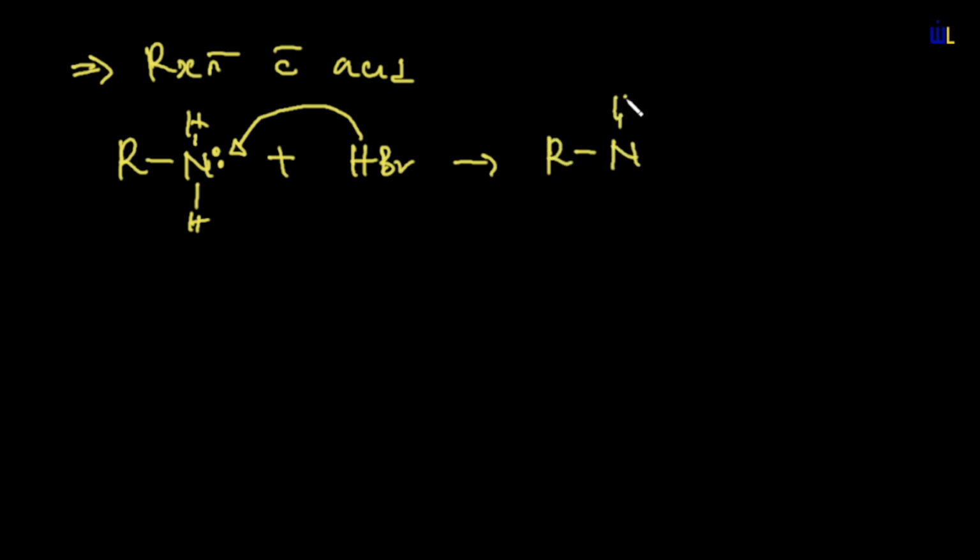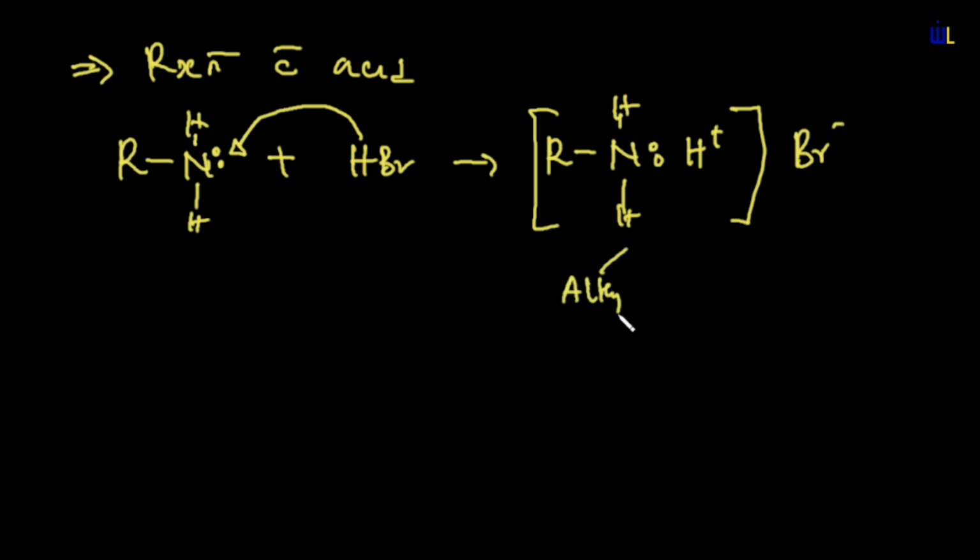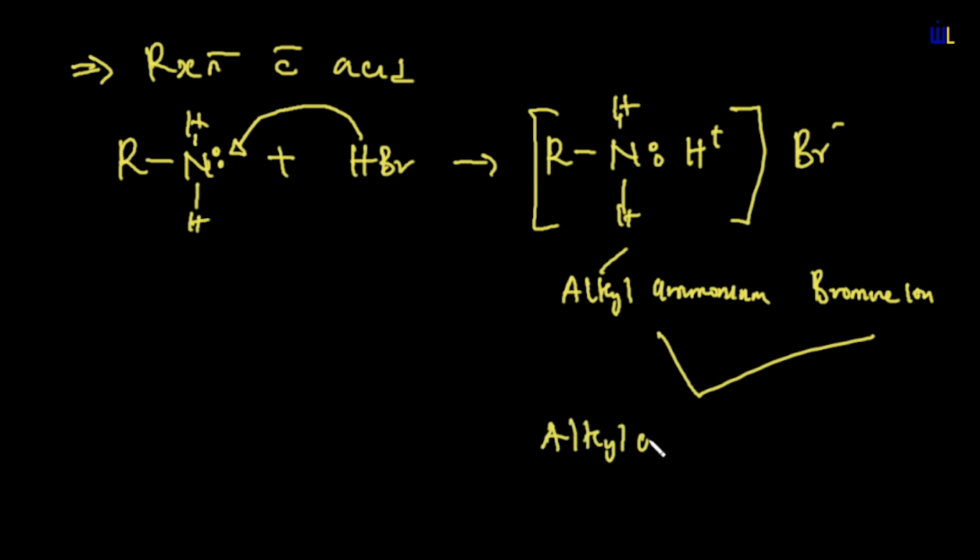So which means you have this, and then your lone pair where you have hydrogen proton attached. If this occurs, the bromine ion would eventually be attached, and eventually this alkyl ammonium will combine with the bromine ion, and collectively this would become an alkyl ammonium bromide.